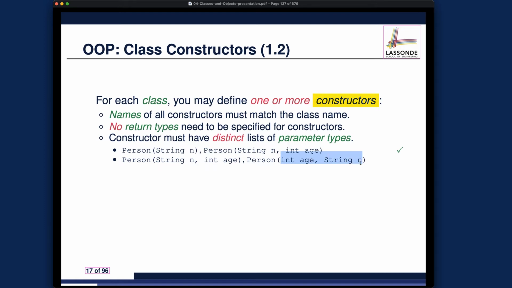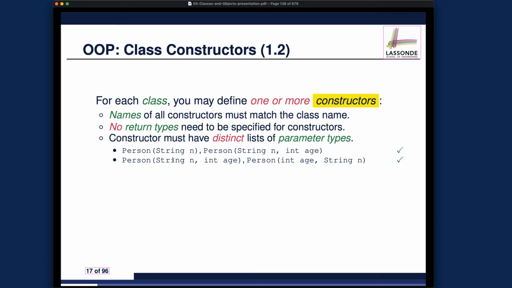So they are considered distinct lists. Notice that I didn't emphasize the names of the parameters. As far as the Java compiler is concerned, they only worry about, number one, the size of the parameter lists, and number two, the types contained in the lists. The names of the parameters are simply not relevant.